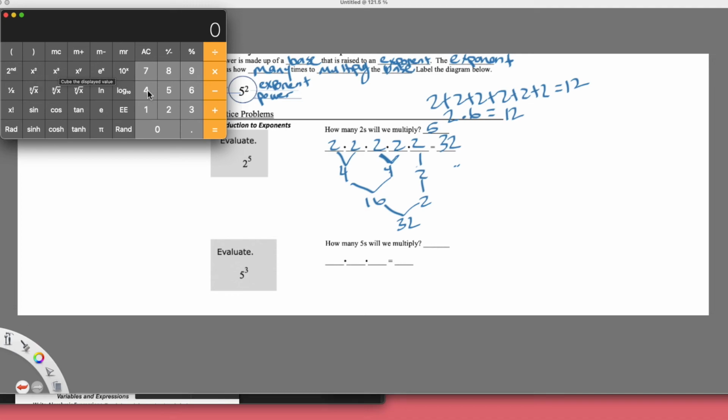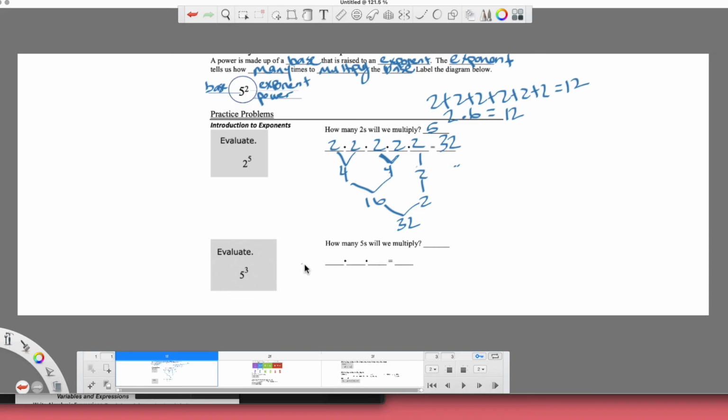I always want to type the base in, and then if my exponent's a 2, I would click this button. If my exponent's a 3, I would click this button. If it's any bigger than that, usually calculators aren't going to have those exponents, but what you can do is use this button here, which is x to the y. I'm going to click it, and nothing happens, because now I have to tell it what my exponent is. My exponent in this case is 5. The answer is not 5, I do need to hit equals, and then I can see that it's 32. That's just a little tutorial on using the calculator.